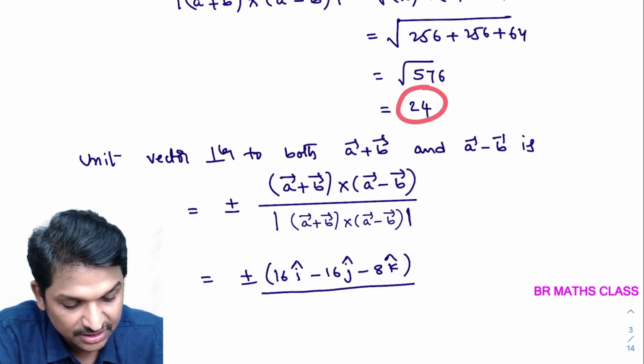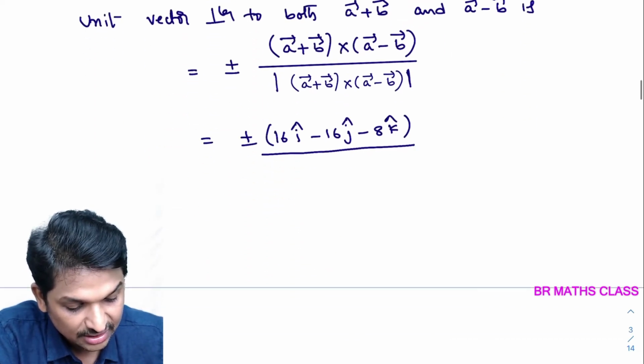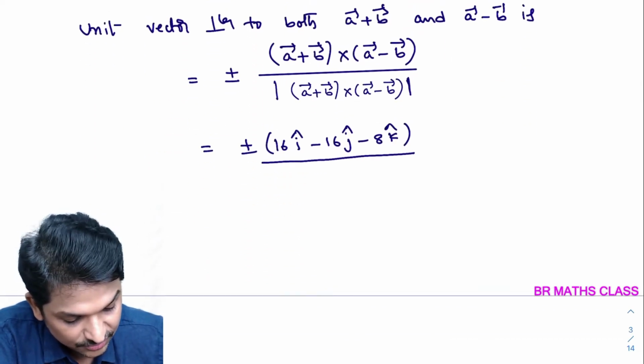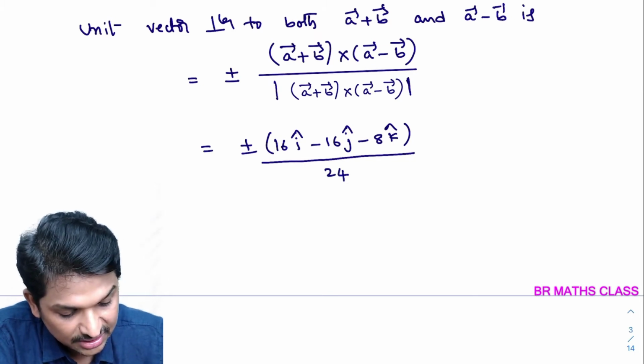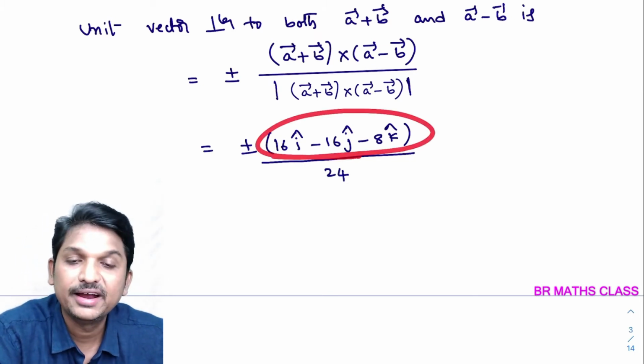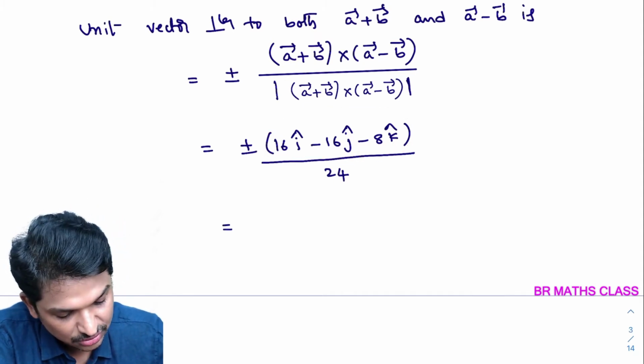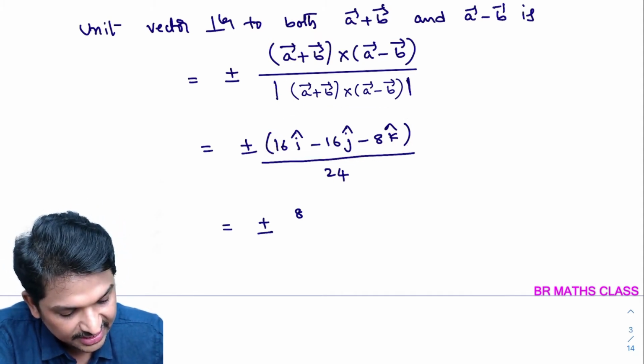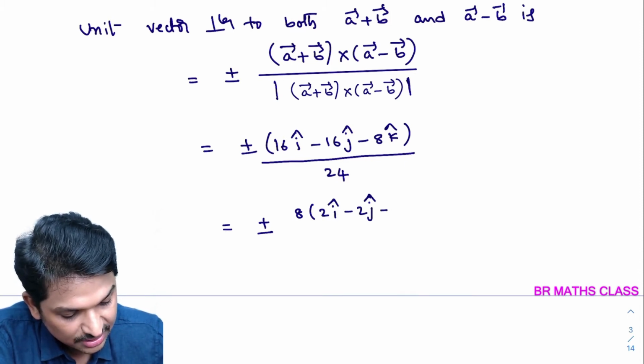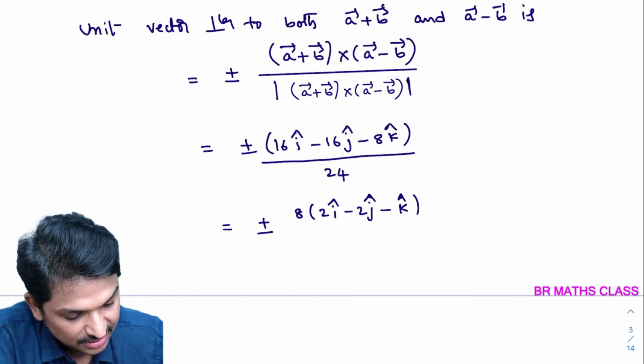You can take 8 common in the numerator. If I take 8 common, what I will get? 2 i cap minus 2 j cap minus k cap divided by 24.